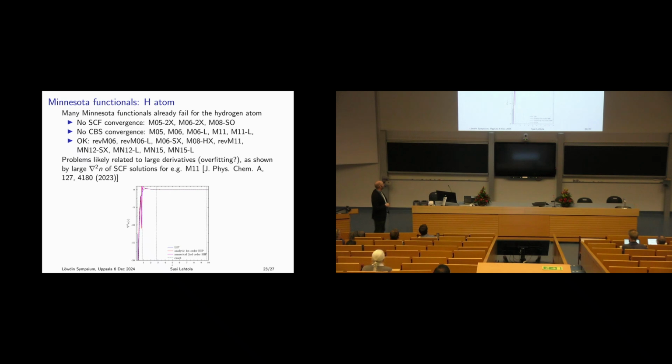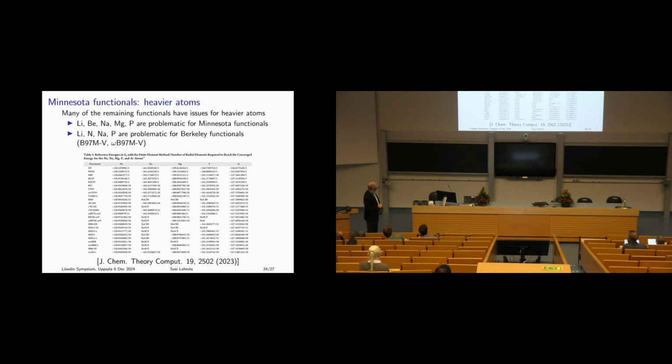Now we do Minnesota functionals, and we see that we have these huge cusps, kinks and cusps, and many of them fail even for the hydrogen atom, and this is just proof that they are seriously overfitted. You have really pathological behavior. All right, and then in this other paper I already referenced above, I did some more functionals.